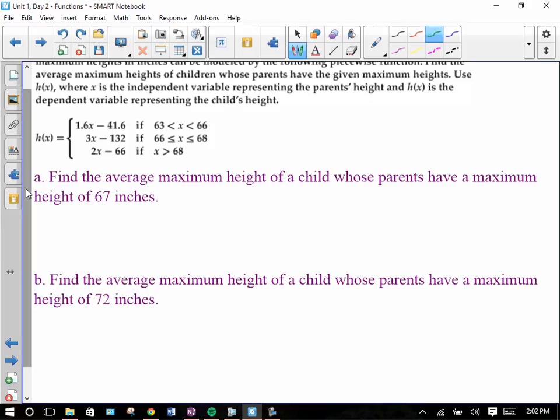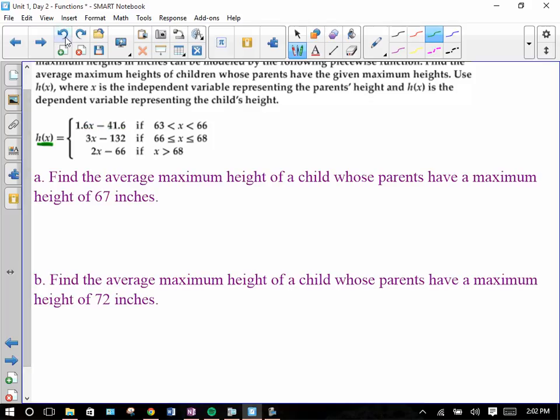If we look at this equation, it says the height of this child is equal to 1.6x minus 41.6 if their parent is between 63 and 66 inches tall. Is this parent between 63 and 66 inches tall? So I'm not using that equation for this child.